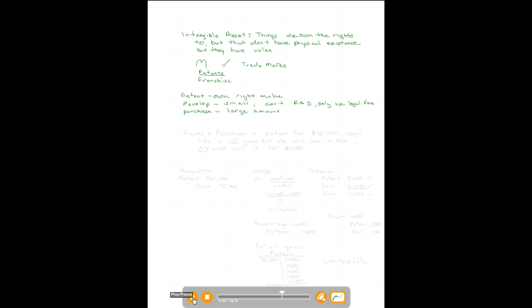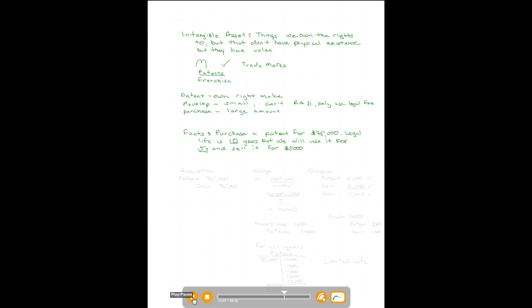Let's write down our facts. In our example, let's assume we purchase a patent for $75,000. The legal life left on this patent is 10 years. Right now, the law says patents can be taken out for 20 years if you're interested, but we're only going to have 10 years left on this one. But we only plan on using it for 5 years.